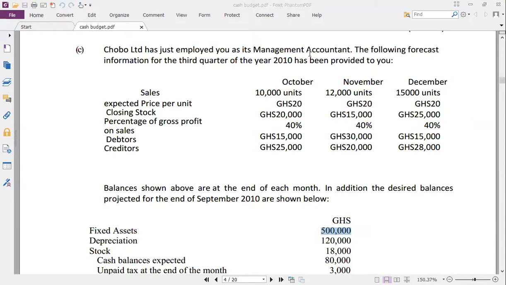Then you are done. Great. This is question number 2 from the handout.